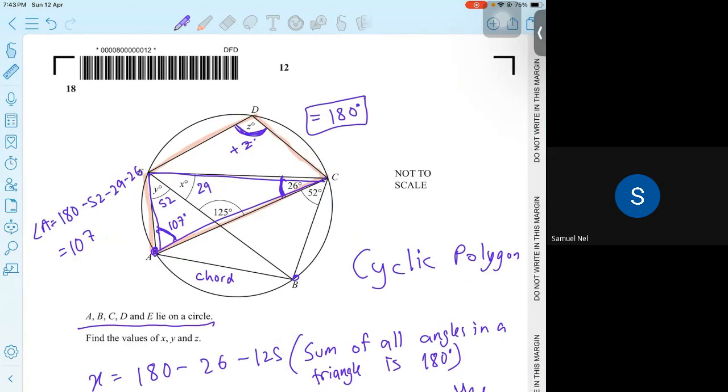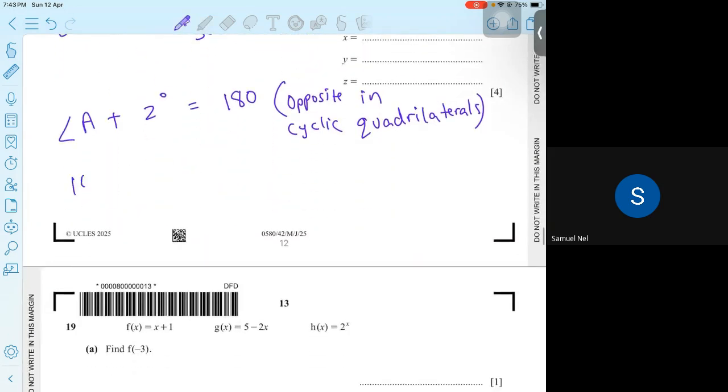And then that means that this angle and this angle, if I add these two angles, I should get the value of 180, right? So let me just replace that. 107 degrees plus Z equals 180. That gives 73 degrees.